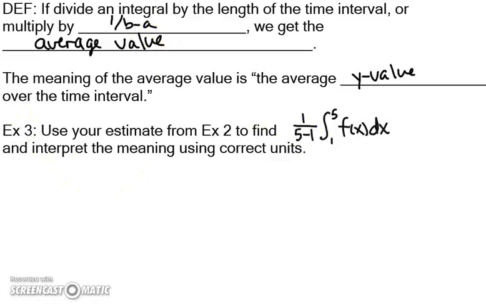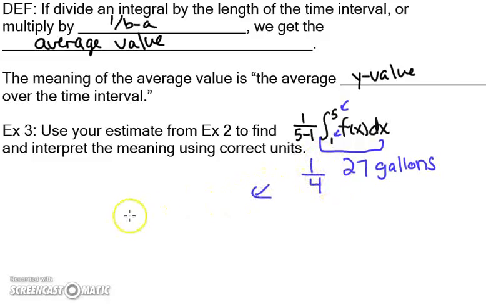So we know from the previous example that this piece here was 27 gallons. Now this 1 over 5 minus 1, if you notice, 5 and 1 are time, right? They're measurements of time, 1 hour, 5 hours. So when we multiply this by 1/4, we're really talking about 1 over 4 hours.